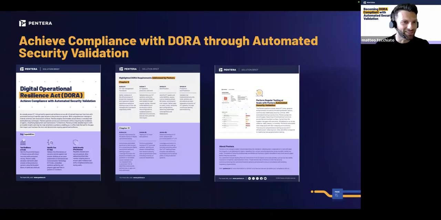So DORA is already done, we did not do anything, we are good, we just need to put in place TLPT, and we are done. This is not the situation, because looking at the details of the RTS, which are very specific and very technical, they found that they have some gaps, so they need to come back and say, okay, it is not the way, we need to improve some capabilities and put in place some specific initiatives in order to reach compliance. So this is one example.